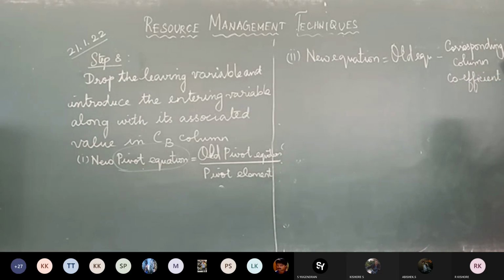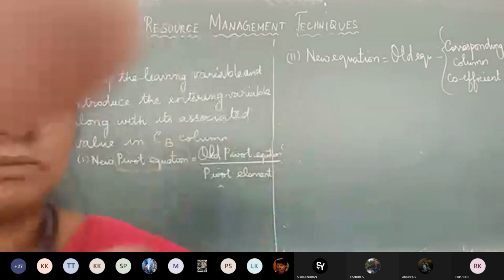Everyone is able to see the board in your new pivot equation, because I am not able to see the board. I'm actually not able to.